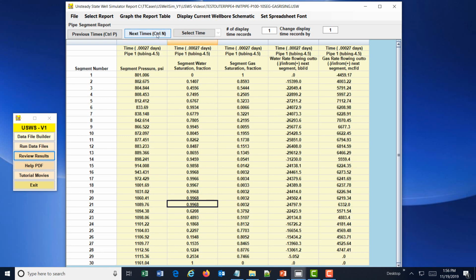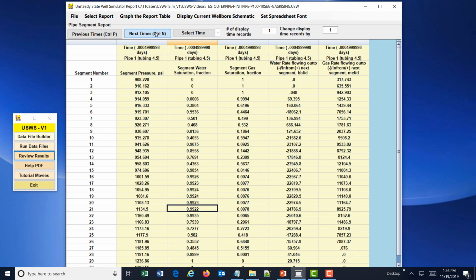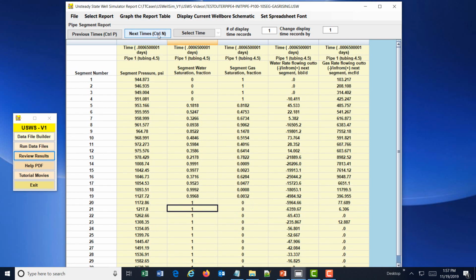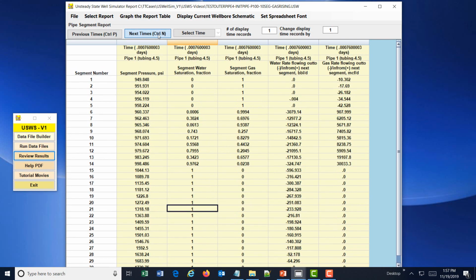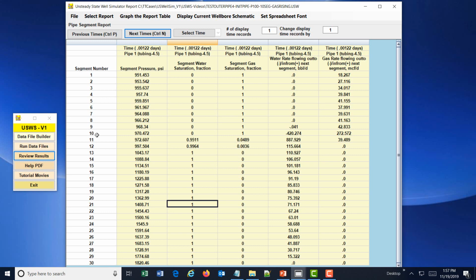This is over a very small period of time, very small time steps, and we can see the accumulation of the gas at the top of the well, until it gets about 10 columns of gas, equivalent to our 10 segments of gas at the bottom, with some expansion due to lower final pressure than the original pressure of the gas.